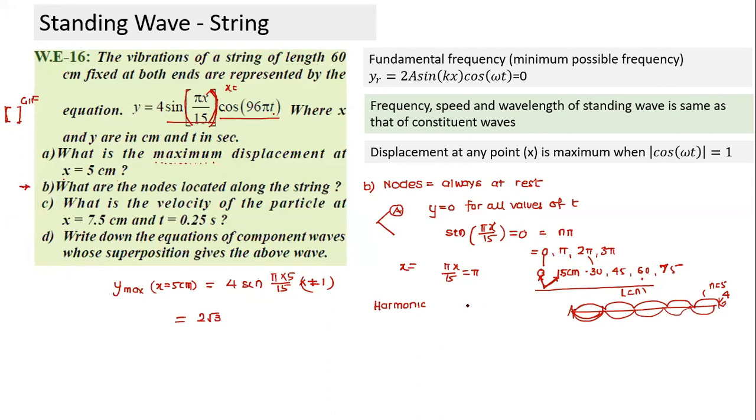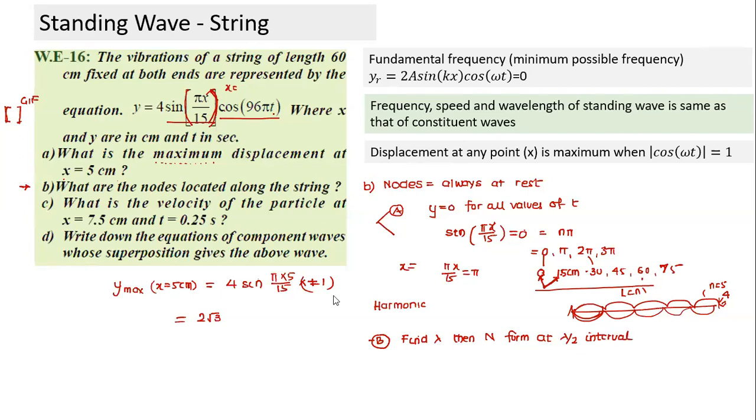The second way of solving this question was, I know the value of k here. I find the value of lambda, and nodes will occur at every lambda by 2. The second method of finding nodes was to find lambda, then nodes form at lambda by 2 interval.